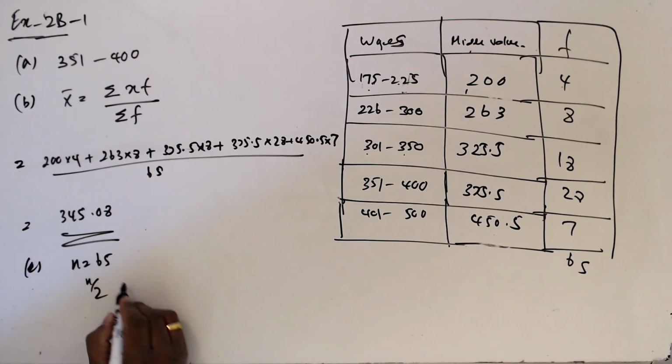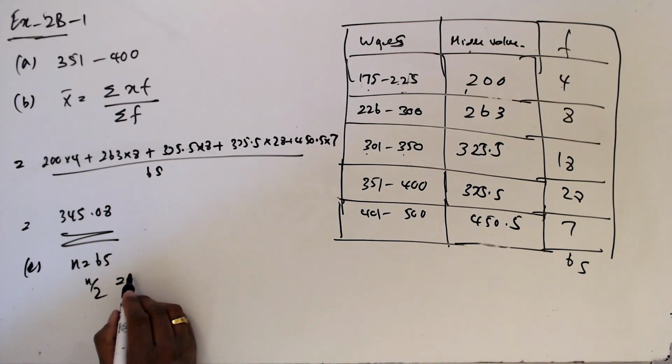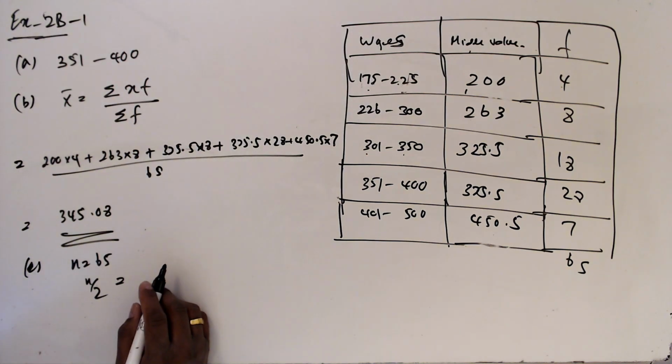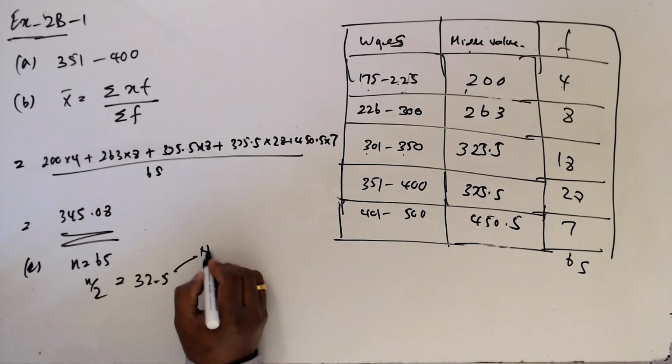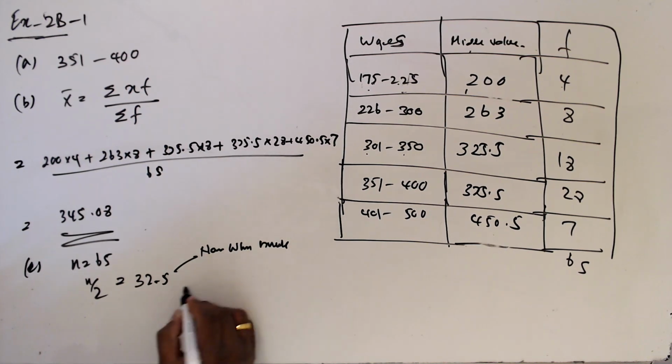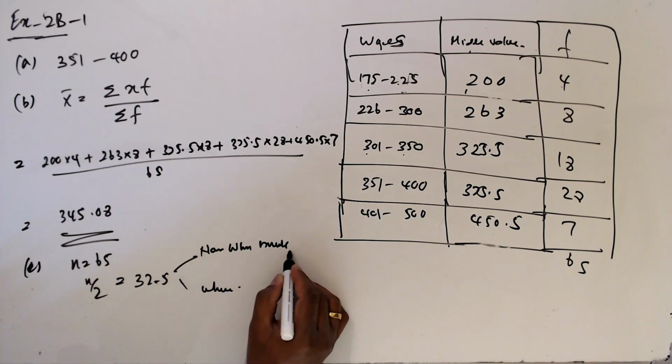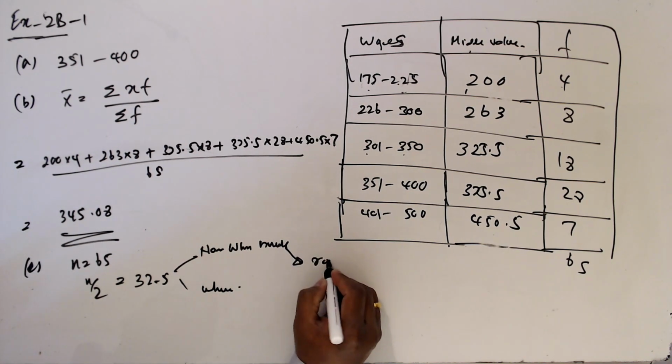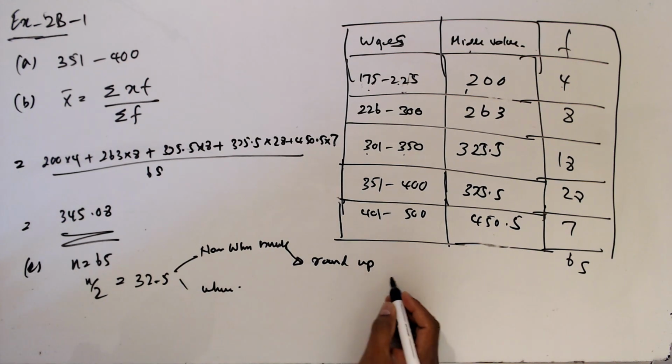Then n divided by 2 is 32.5. So not a whole number. This is a whole number. So if it's not a whole number, round up. When you round up, you will get 33.